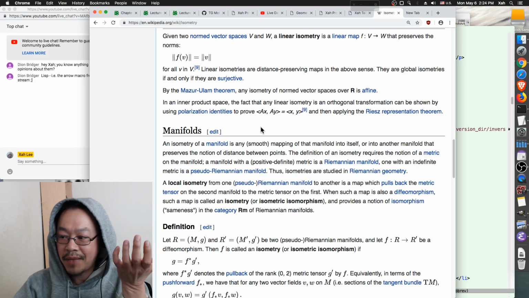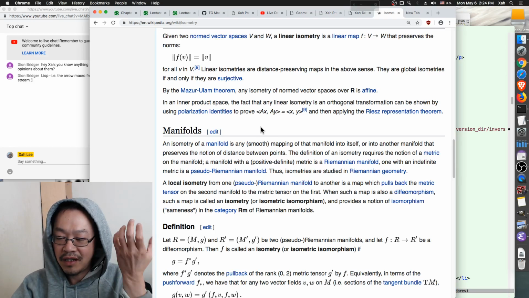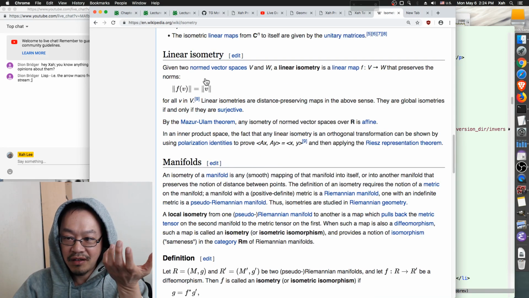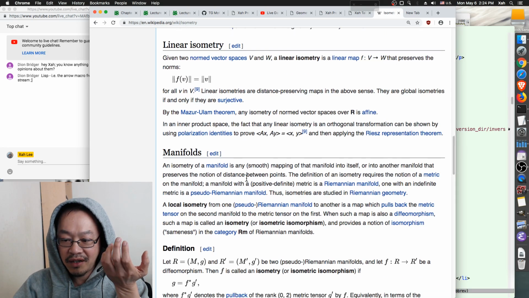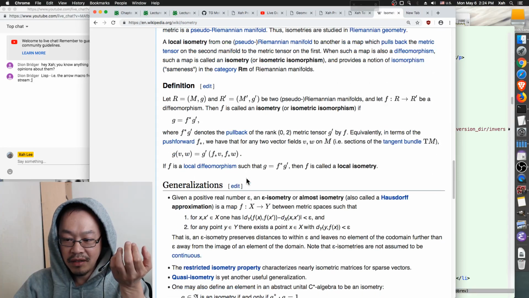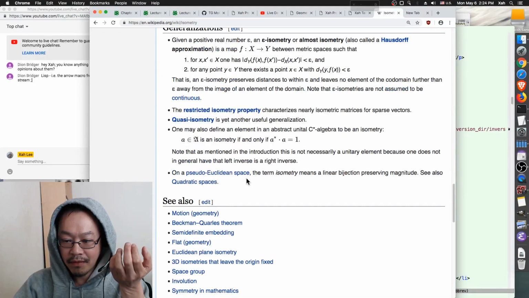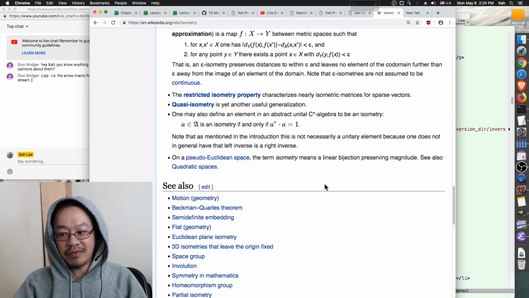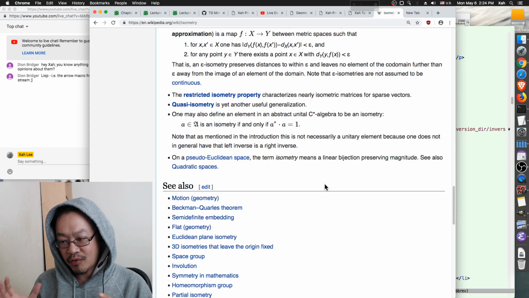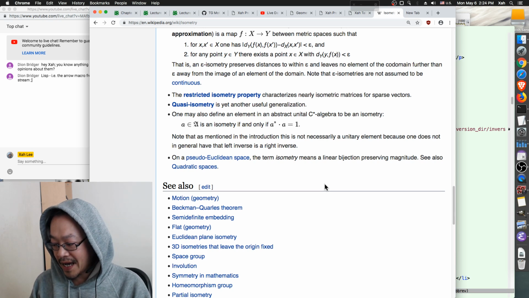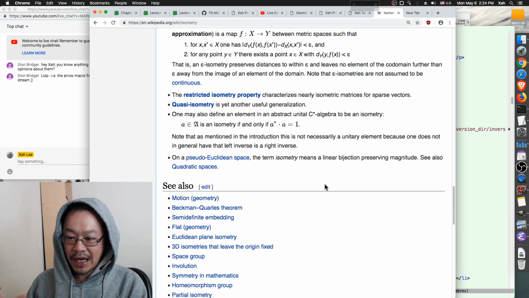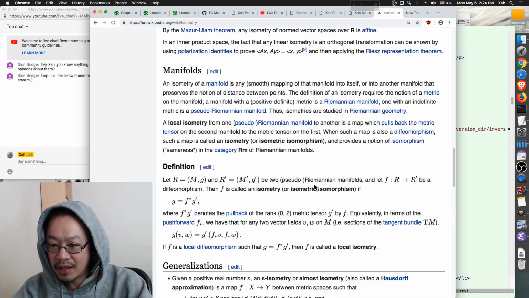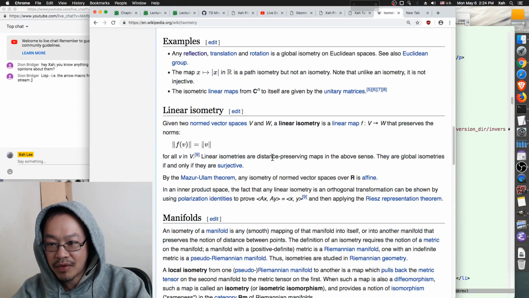If you never studied math, as I assume you haven't, you are a programmer, you start to see these words, isometry, manifolds, so that gives you a flavor of how math becomes advanced, but the idea is pretty simple. Anyway, let me make sure I got this right.